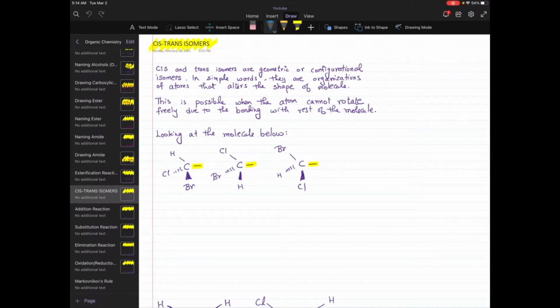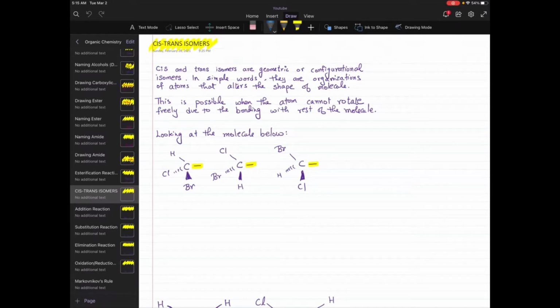For example, I have one below here where I have carbon bonded to hydrogen, chlorine, and bromine. Now, because carbon has 4 as its bonding capacity, it bonds with 4 different things, it forms a tetrahedral structure, right?